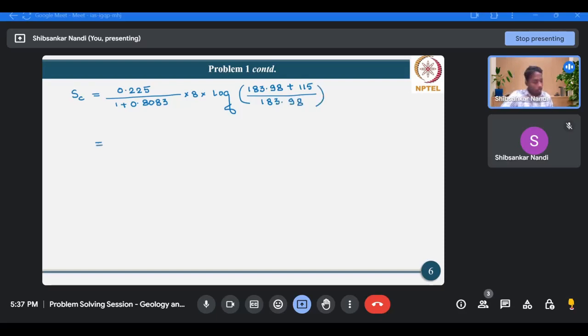So if we calculate, this would be approximately 0.210 meter, or we can say 210 millimeter. Okay, so this is the answer.